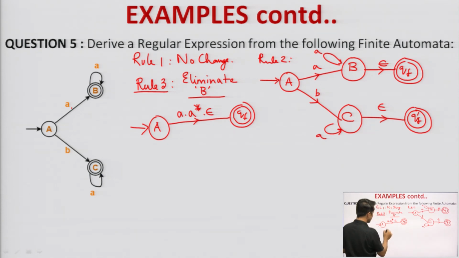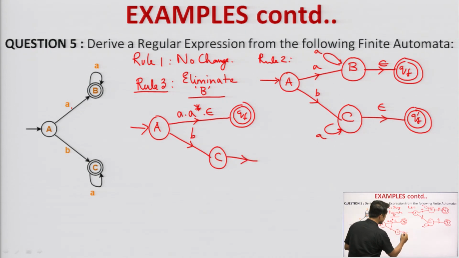After that, if I eliminate B, I will write down this B part as it is, and this will be epsilon going to the Q f part, and this already has A.